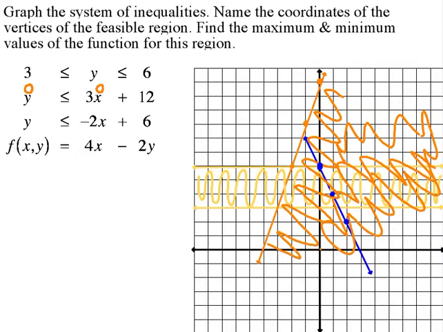So let's figure out which way we shade. So let's pick 0, 0 again. To the what? Left. Good.